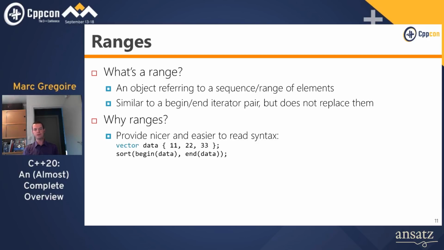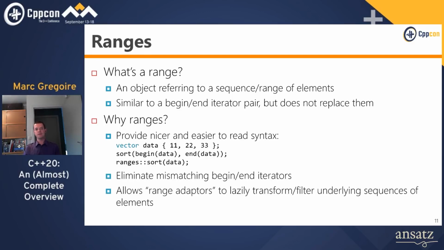So how to do this? Before C++20, you use the sort algorithm that is available in the standard library, and you just pass a begin and end iterator pair, and then the whole range will be sorted. But in this case, I really want to sort the whole container. So with ranges, you can really just say ranges sort data, and my whole container will be sorted.